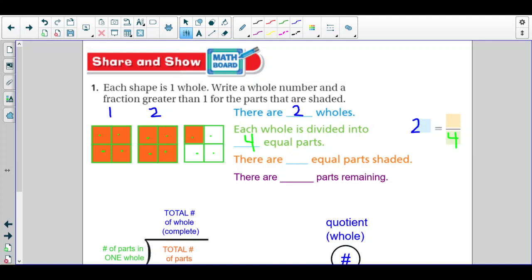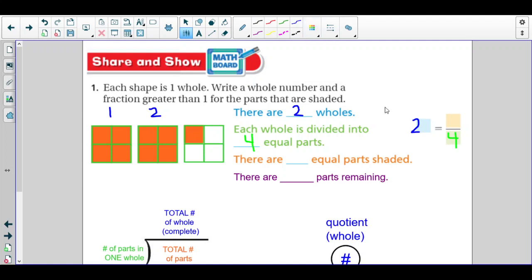There are, forgive the bell, blank equal parts that are shaded. So how many of these sections are shaded? Well, 1, 2, 3, 4, 5, 6, 7, 8, and 9.